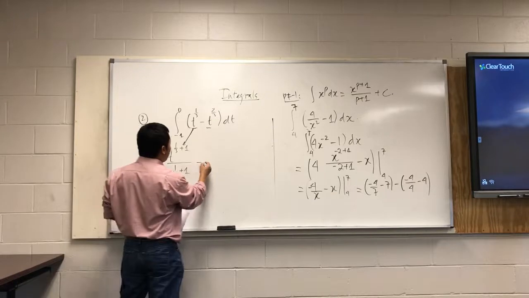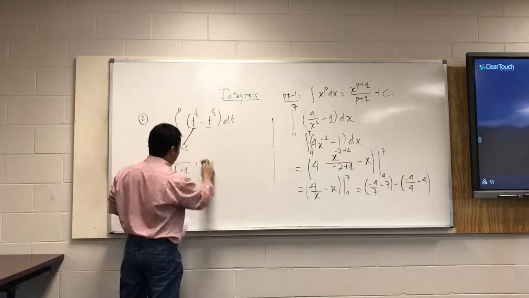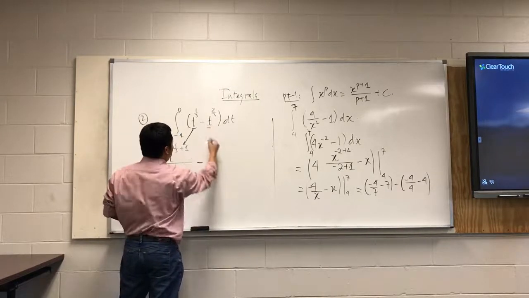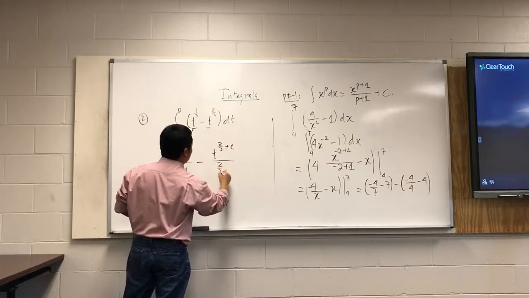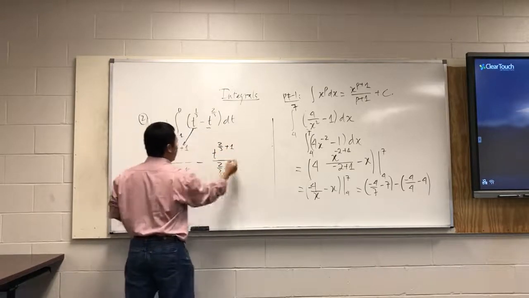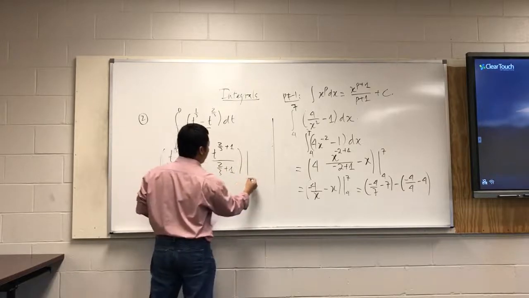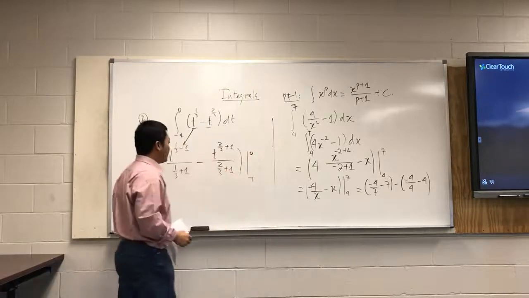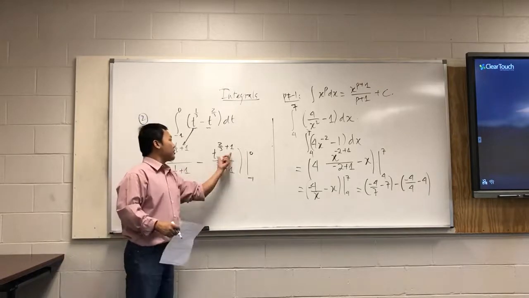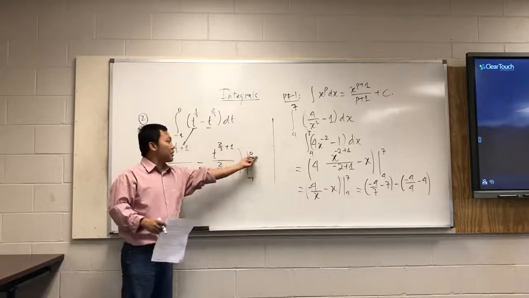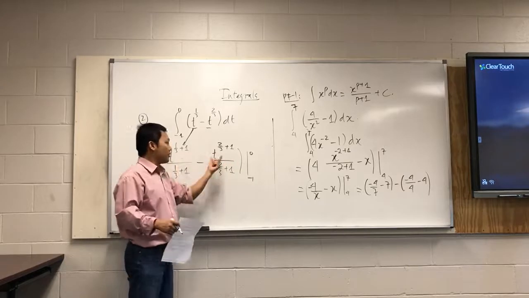So the second function, minus. Here I have t to the 2/3 plus 1 over 2/3 plus 1. And then I evaluate this from negative 1 to 0. So at 0, the function is 0, because when you plug 0 into this, you get 0.